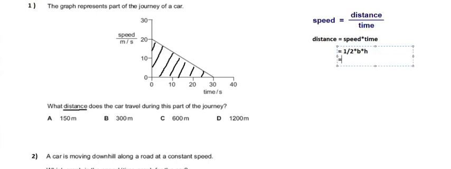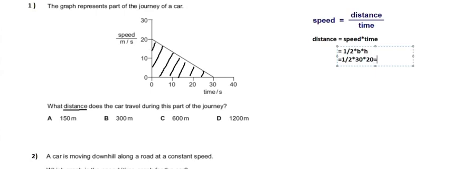In this figure, the base of this right angle triangle is from 0 to 30 seconds. So it is 30 seconds. So I can write half into 30 seconds. And what is the height? You can see it is this line which is 0 to 20 meters per second. So this is 20.